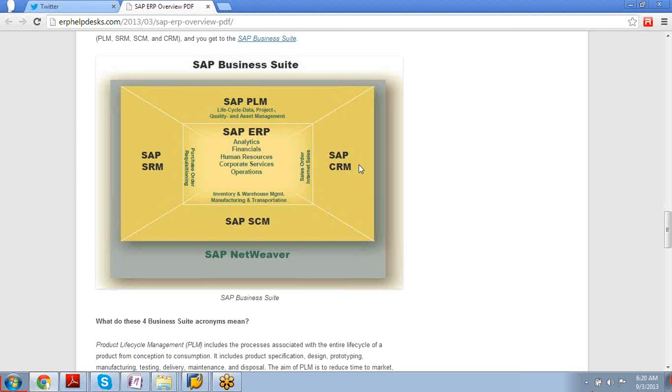PLM is product lifecycle management, SRM is supplier relationship management, SCM is supply chain management, CRM is customer relationship management.